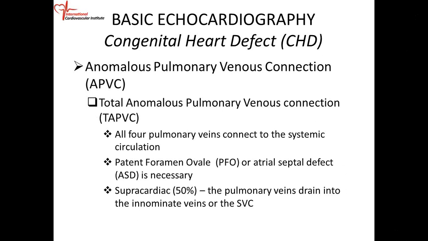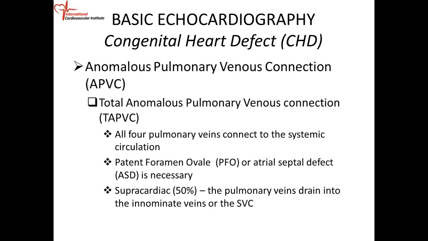As mentioned before, you can have the pulmonary veins draining in the upper portion of the right atrium, and we talk about the supracardiac type, where the pulmonary veins drain into the innominate veins or the superior vena cava. That accounts for about 50%.